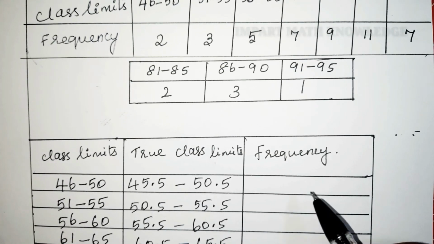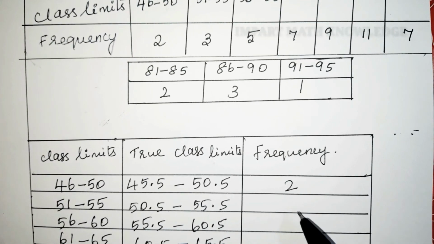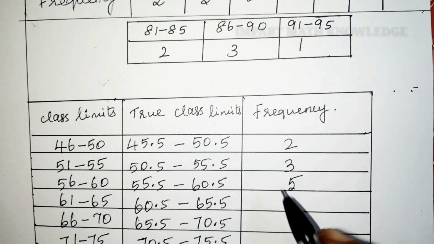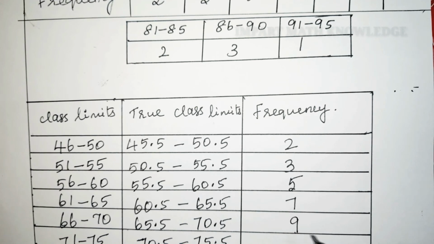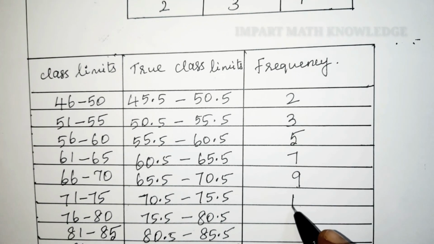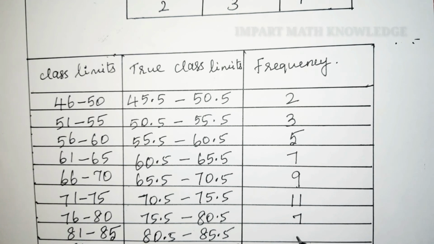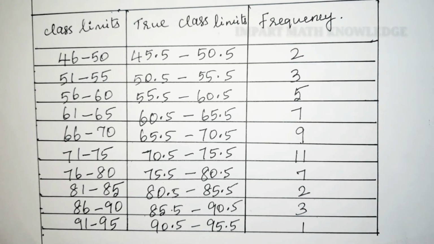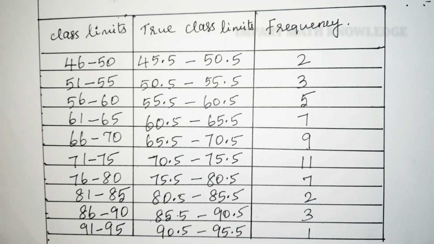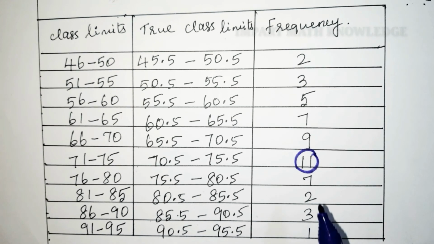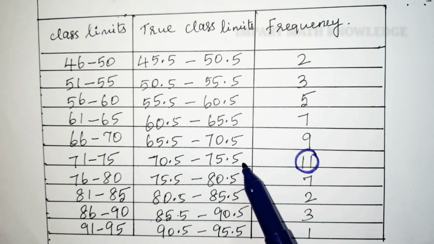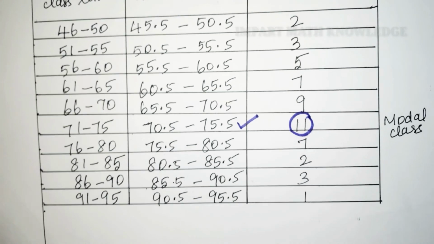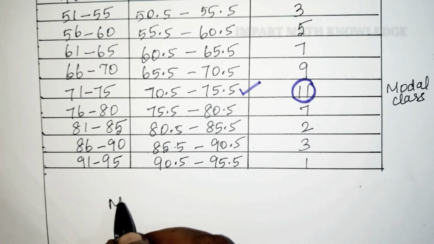The frequencies are 2, 3, 5, 7, 9, 11, 7, 2, 3, 1. First we have to find the modal class. The maximum frequency is 11. So the corresponding class interval is the modal class. Next we have to find the mode using the formula.